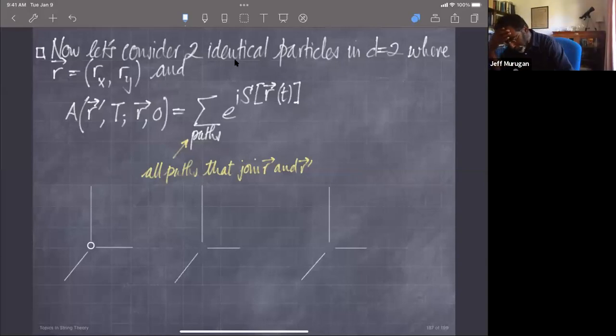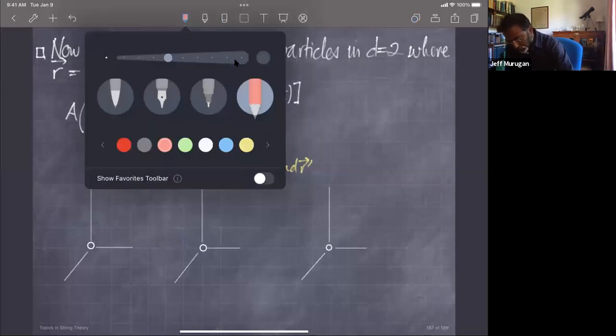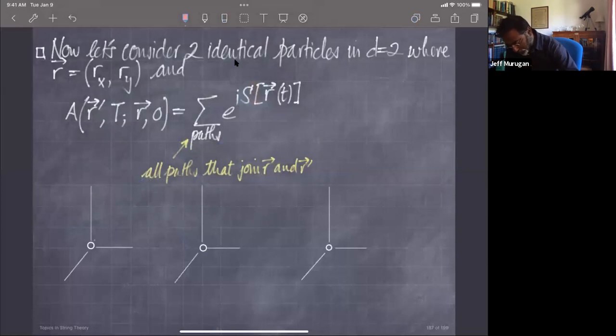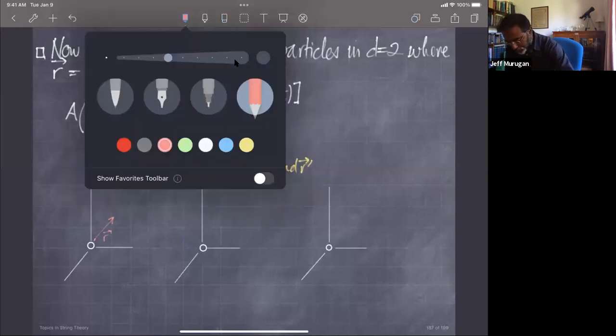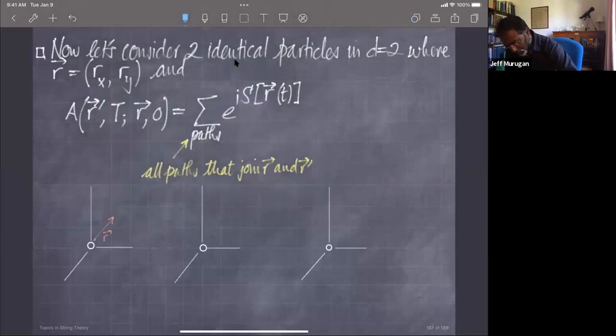Okay, so let's take away the origin, and this is our relative coordinate space. And again, we're going to draw different classes of paths. So for the first one, R, that's the first class of path.